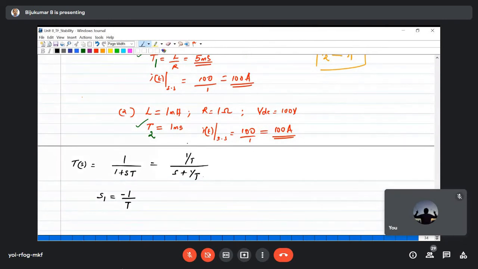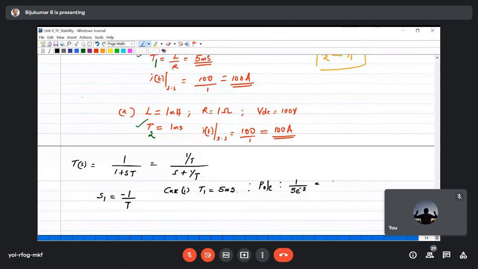Okay, now for case 1, what is T1? For case 1, the time constant is 5 millisecond. So what is the corresponding pole? It is 1 by 5 e power minus 3.